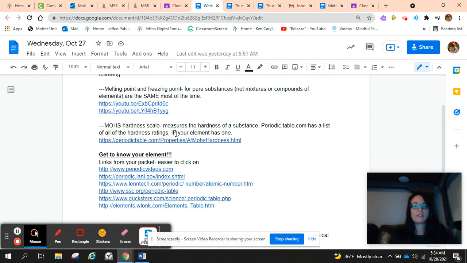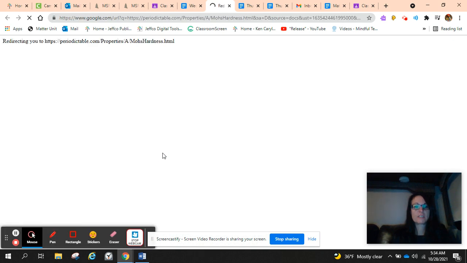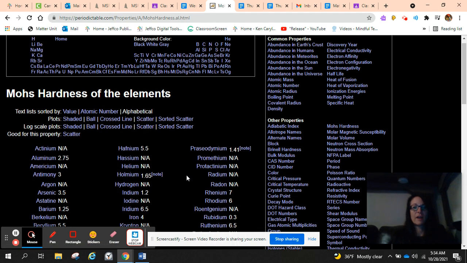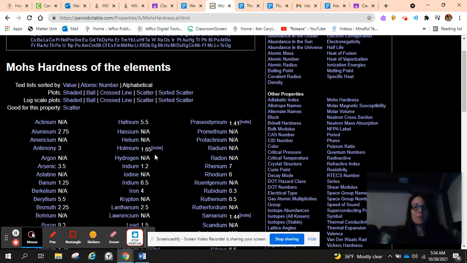And then I also put that link to the Mohs hardness scale because a lot of people had questions about that. So if you didn't get that yet, I had it up in class yesterday in most classes. You can click on this and hit, once it opens, you'll see the title Mohs hardness, and then you want to sort it by alphabetical so you can look for your element.